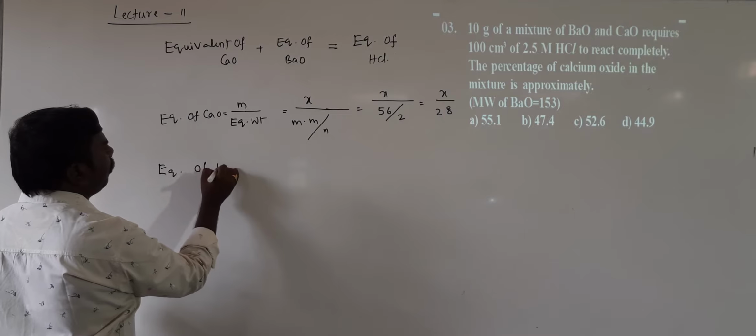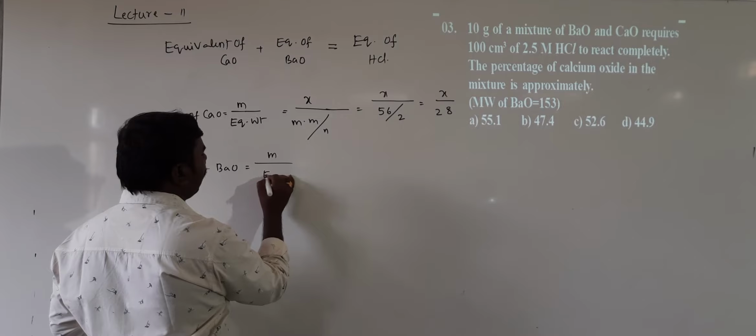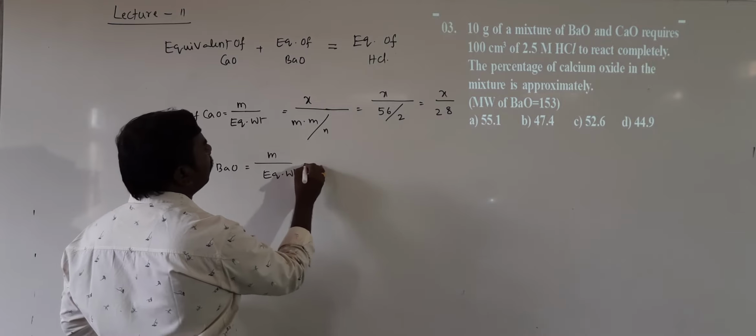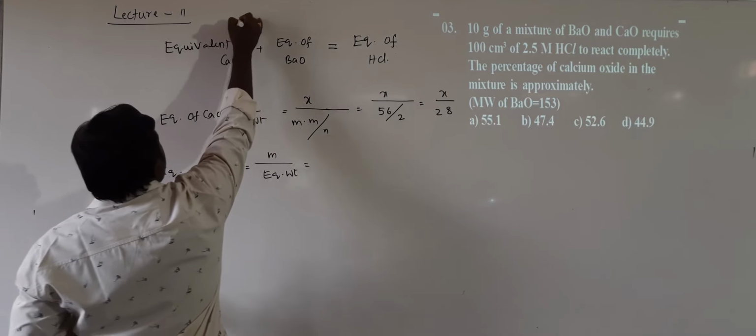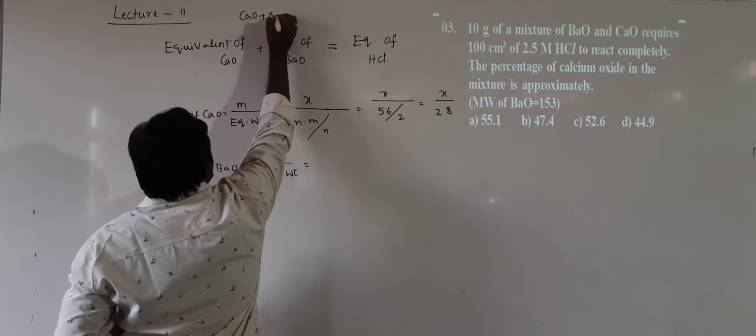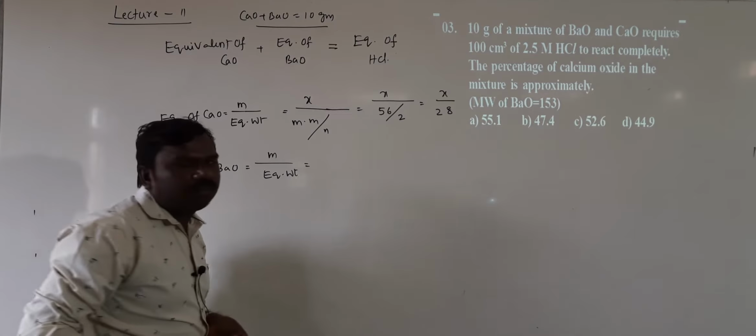Equivalence of BaO equals mass by equivalent weight. CaO plus BaO mass equals 10 grams, given in the question itself.